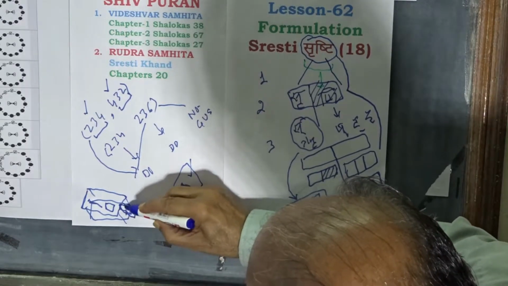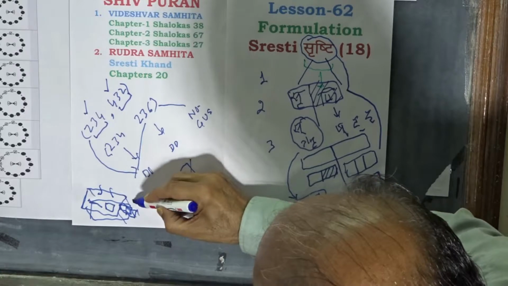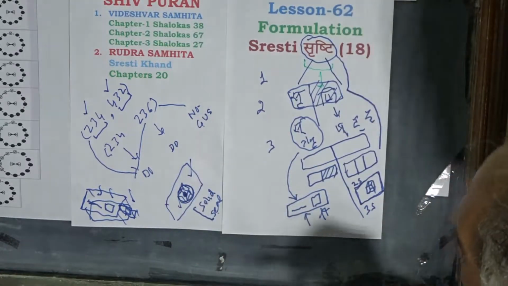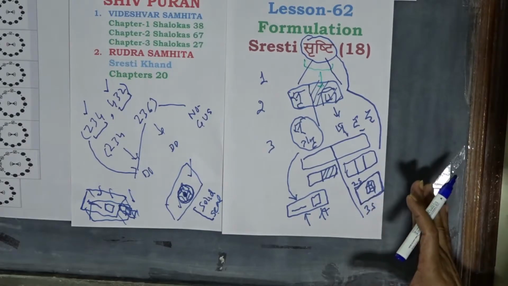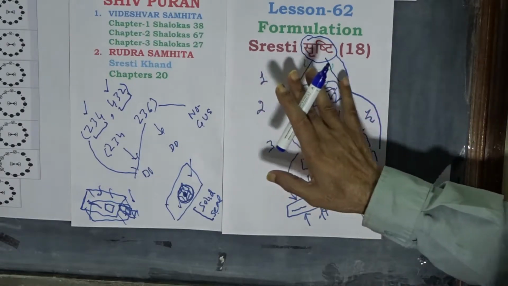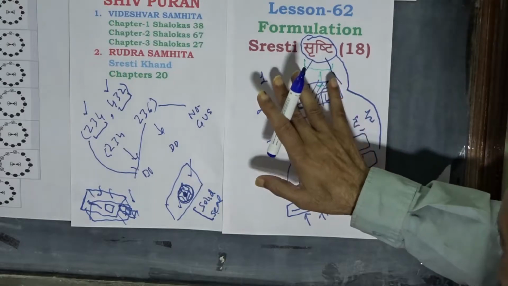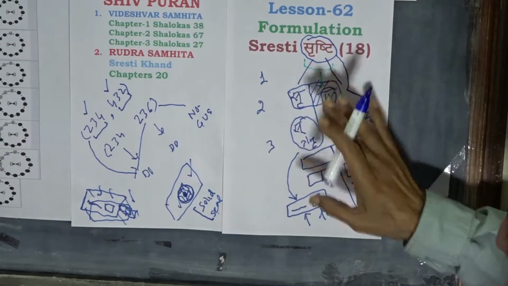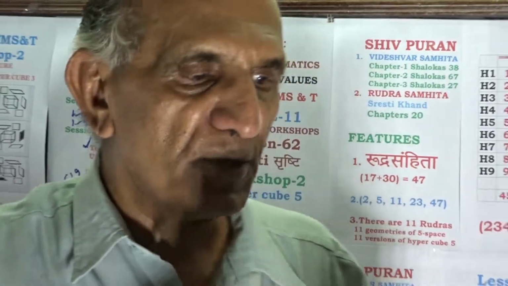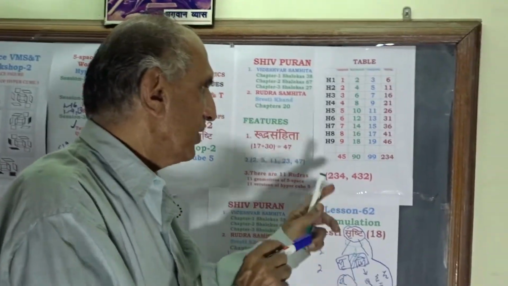Therefore, interval, square and cube within a cube, and cube in the role of an origin. These are the distinguishing features, specific features of the formulation Srishti. These features are to be imbibed by us. We have to be face to face with these features of this particular formulation.